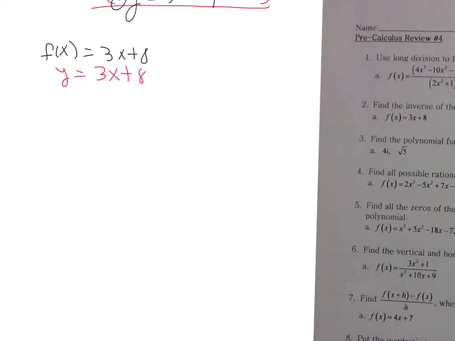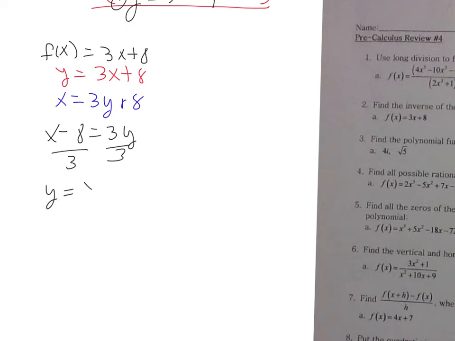Switch x and y, that's the inverse. x equals 3y plus 8. Now solve for y. So minus 8, x minus 8 equals 3y. Divide by 3. y equals x minus 8 all over 3. And that would be the inverse of f of x, written like that with the negative 1: x minus 8 over 3.